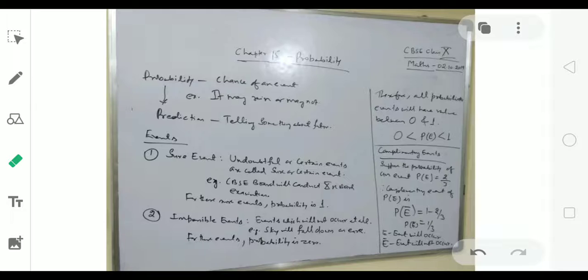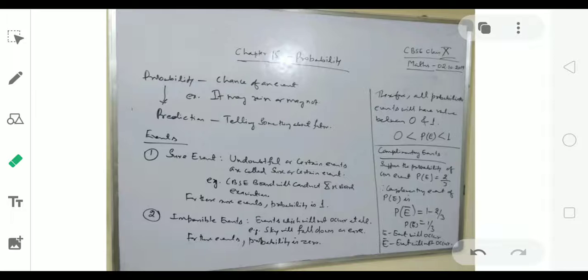We tell about future and we try to find out whether this particular event is going to happen. If it is, then what will be the chance? We used to give that chance a numerical figure. That is called prediction or probability.